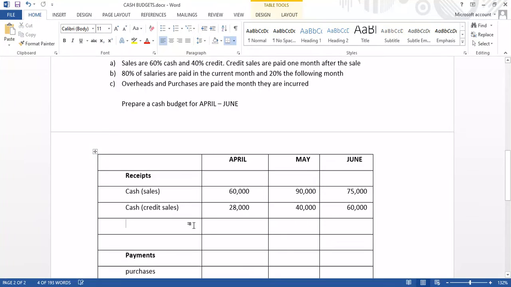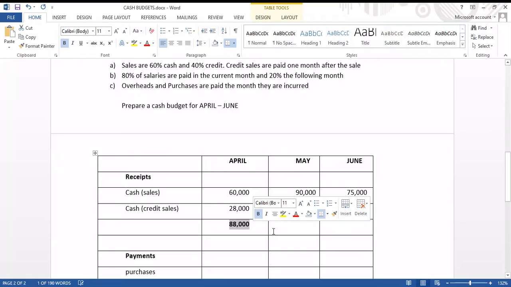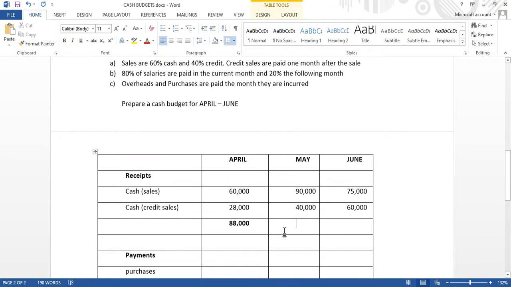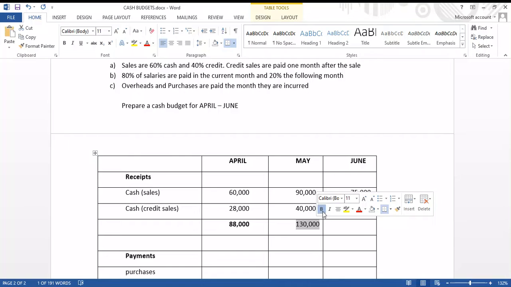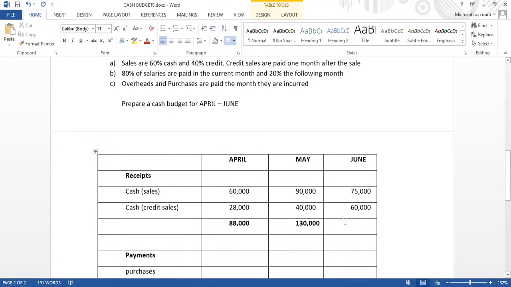All right. So we haven't sold any fixed assets, so we don't need to put that there. So we can total up. So 60,000 plus 28,000, that gives us 88,000. 90,000 plus 40,000, that gives us 130,000. 75,000 plus 60,000, that gives us 135,000.